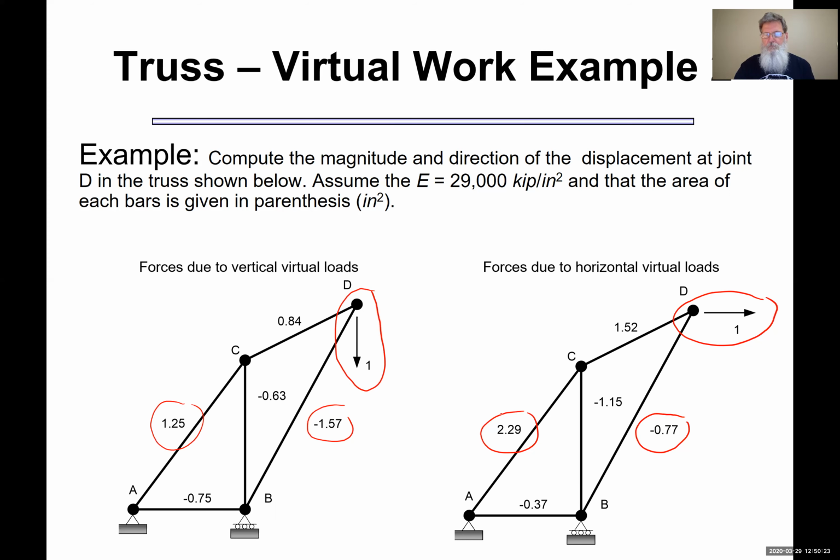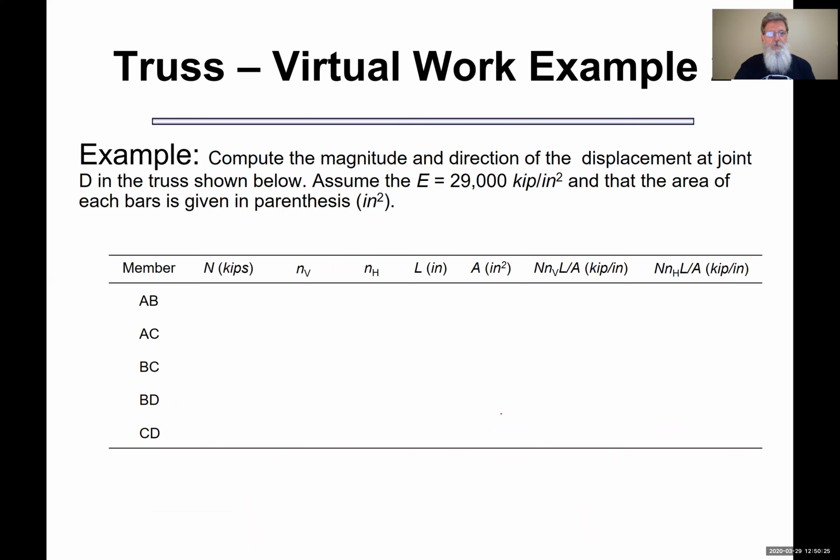So now I have all the information I need, I can form this table. So what I've done here is I've, in one table, put 2 problems in. So first of all, you'll notice that I've entered in, there's all my real forces. And then for the vertical component that I did, these are the virtual forces for the vertical component.